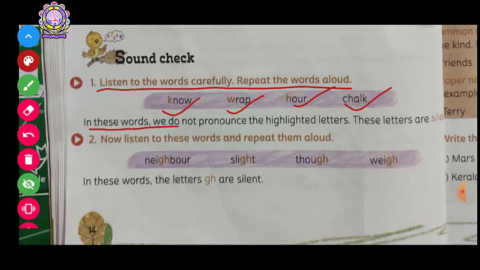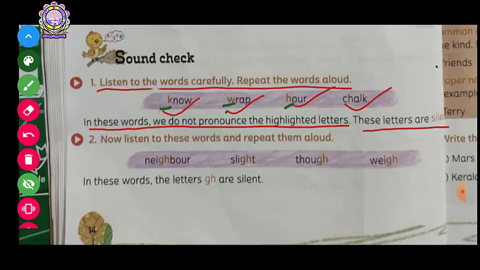Now next line. In these words we do not pronounce the highlighted letters. These letters are silent. The words which are written with red, these words are silent.